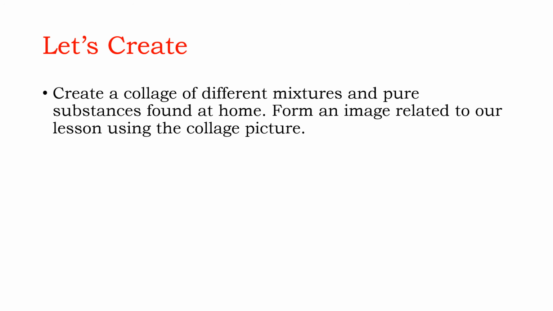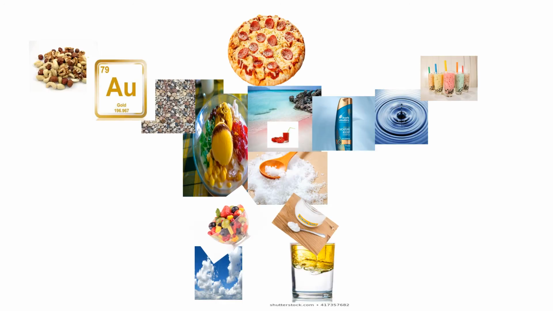Okay? So, I have here an example na ginawa ko po, na sarili ko pong collage. Example lang po ito. So, take a look at this one. So, here is my collage. So, ang image po na nabuo dyan sa different pictures po ng pure substances and mixtures na nahanap ko ay, ayan, mukha naman siyang tao.